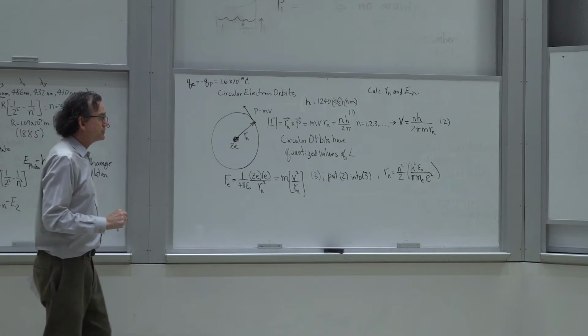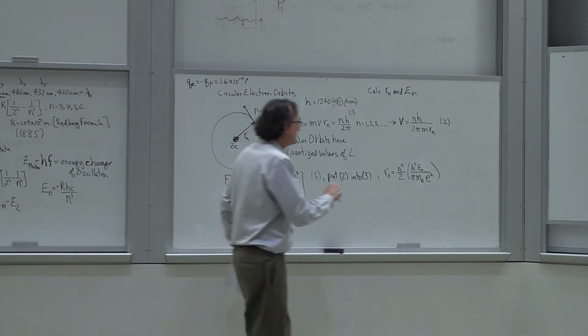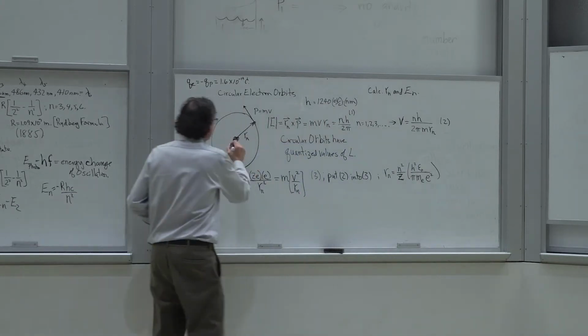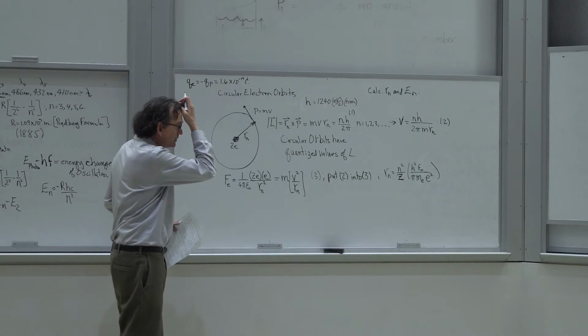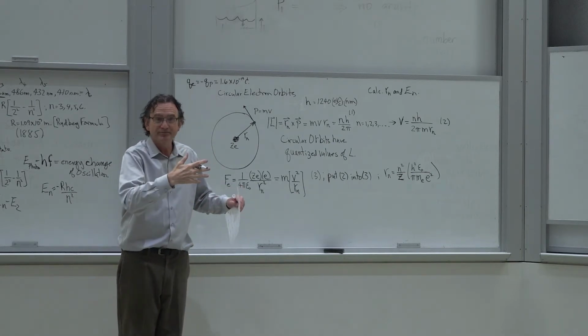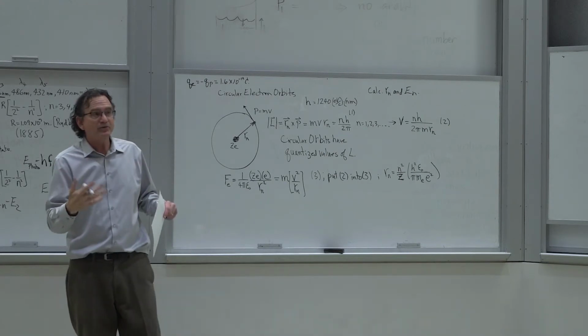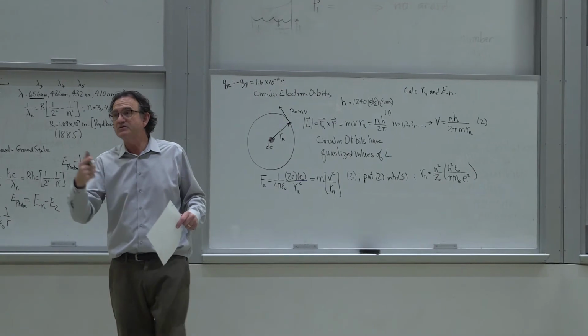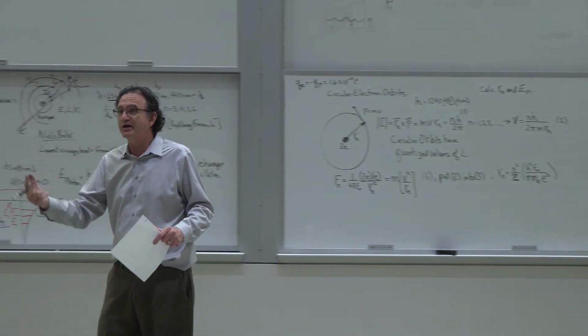That's all I did. So this gives me the quantized radius. By the way, this is a Z, not a 2. My little bar indicates it's a Z. So it's a nucleus with charge Z, but there's only one electron going around it. And you can do this, by the way. You can take carbon atoms and ionize them, singly ionized, doubly ionized, triply ionized.